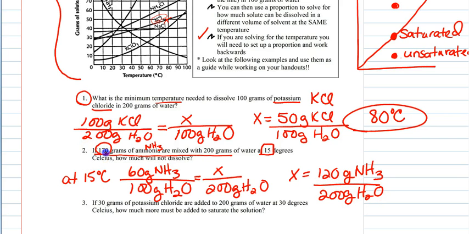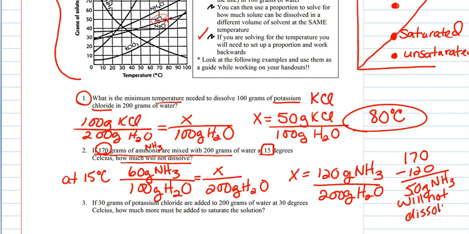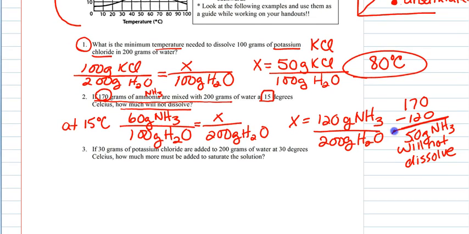However, we are given 170, so how much will not dissolve? So I'm going to take this value and subtract it from 170. So this means 50 grams of ammonia will not dissolve. Done. And that would be my answer. I'm just going to circle it in.